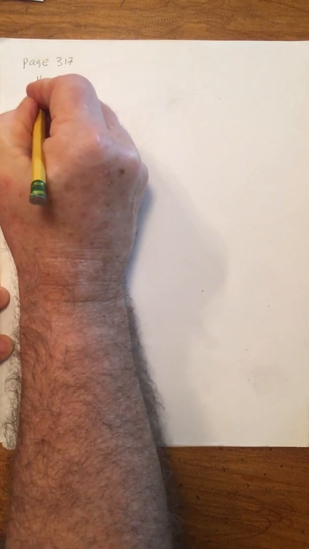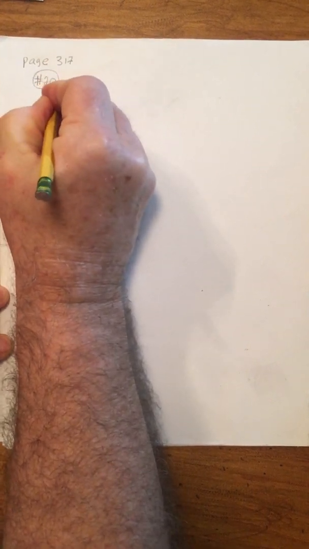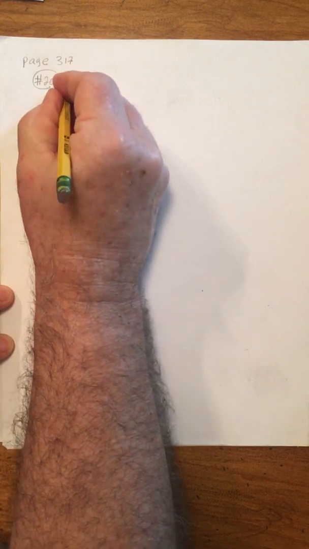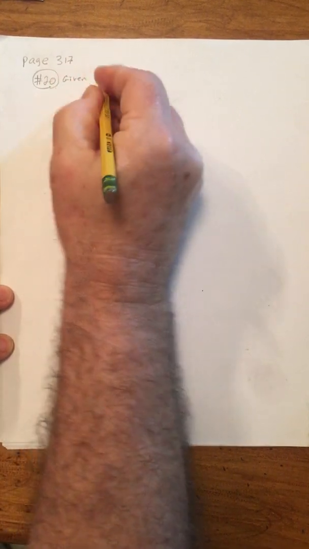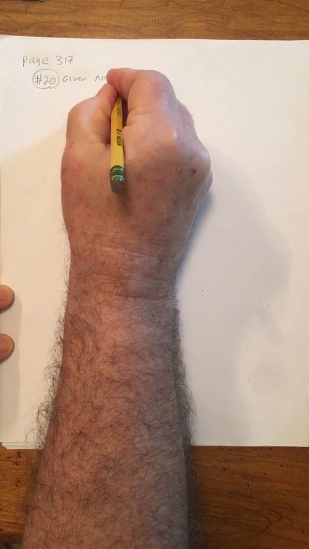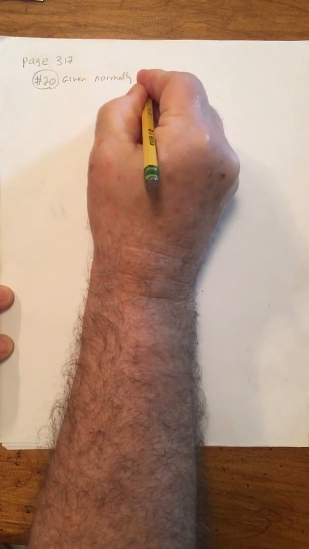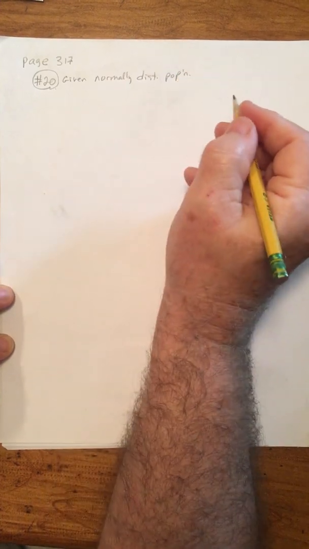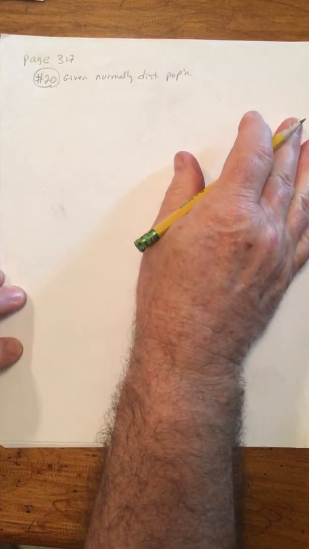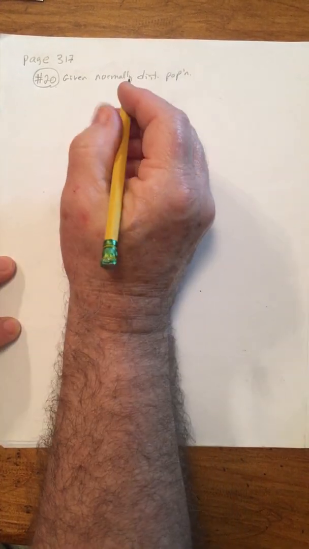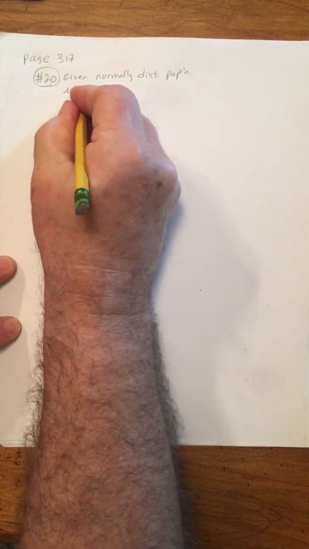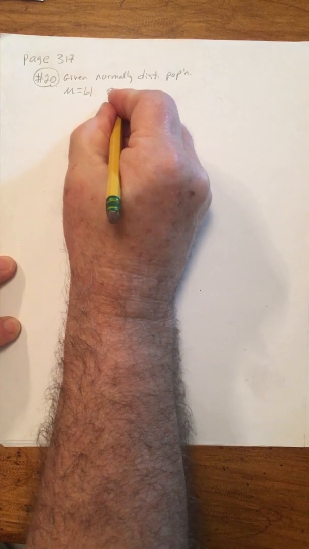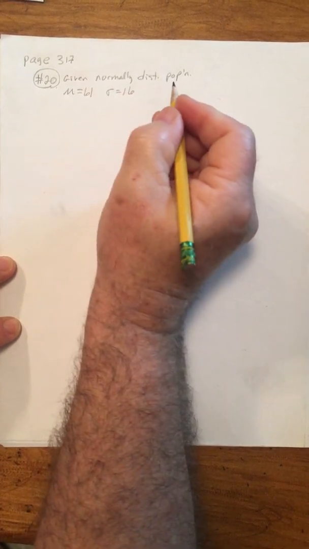So let's see if we can play number 20. And it says we have a normally distributed population. We also have mu is given to be 61, and we're given the standard deviation is equal to 16.